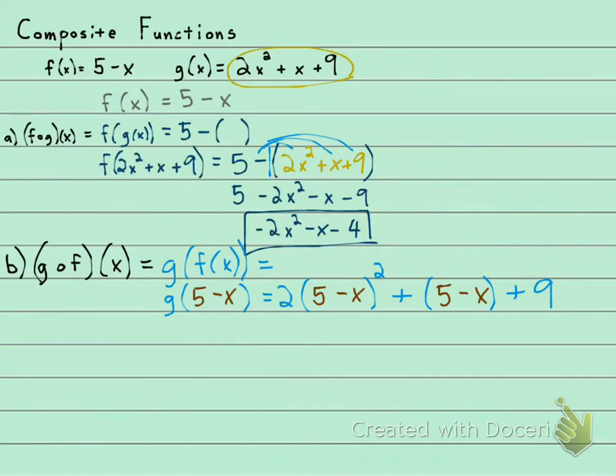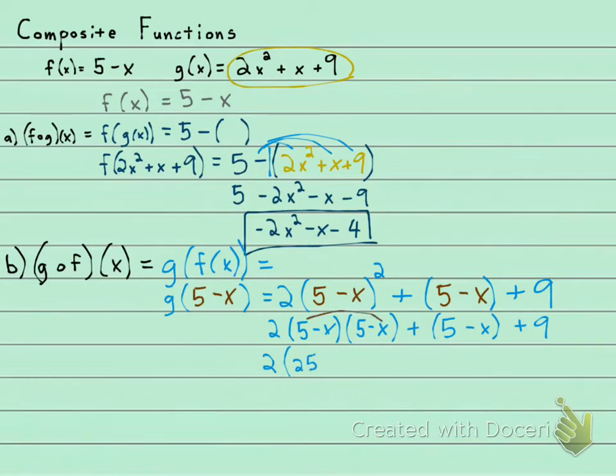So 2 times (5 minus x) squared, I have to take care of the exponent first. 5 minus x squared is 5 minus x times 5 minus x, plus 5 minus x plus 9. We're going to have to FOIL this, distribute it. So first: 5 times 5 is 25.